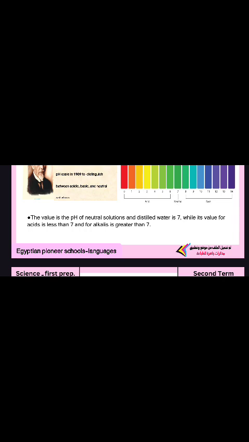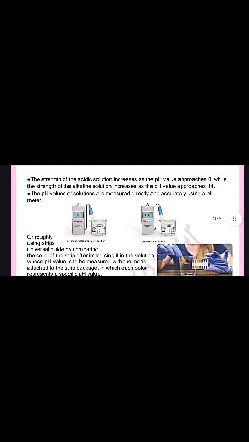The pH of neutral solutions and distilled water is 7, like we've mentioned, while its value for acids is less than 7 and for alkalis greater than 7. The strength of an acidic solution increases as the pH value approaches 0. So once you come closer to 0, you're dealing with stronger acids, while the strength of an alkaline solution increases as the pH value approaches 14.